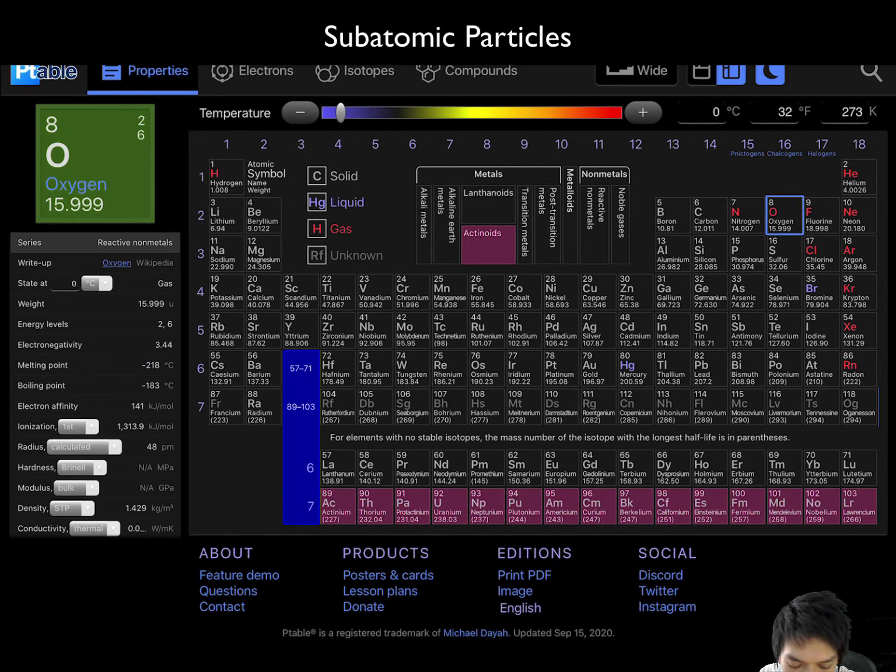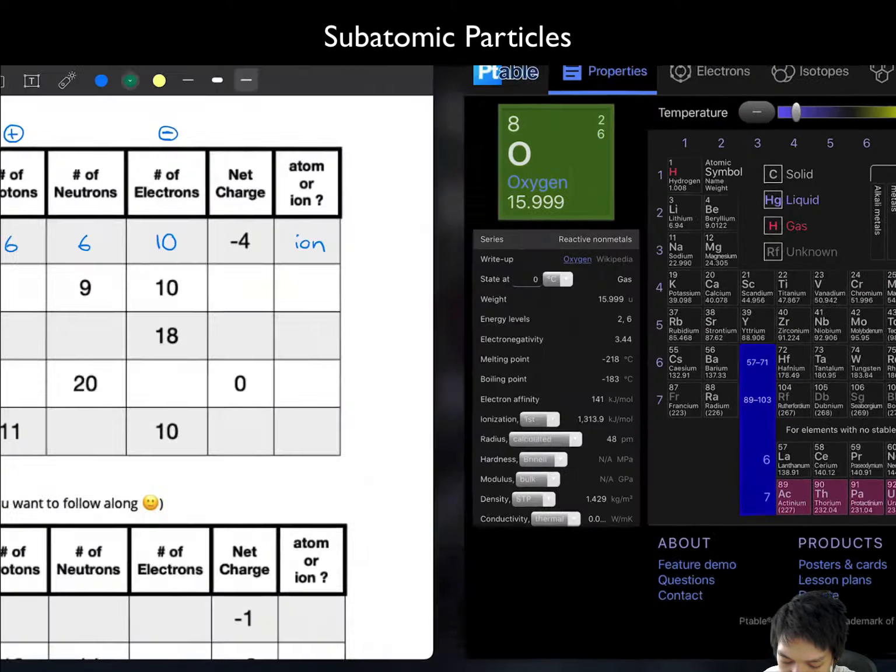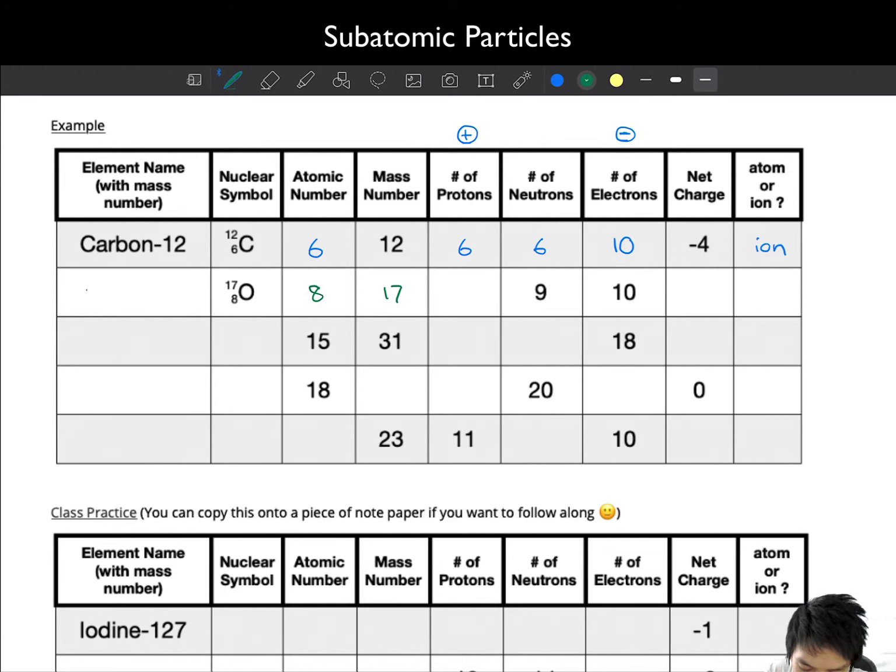So 8 is always O, which is oxygen. I'm going to write the mass number next to it, so it's going to be 17, right? Oxygen 17. Now we're missing the number of protons.